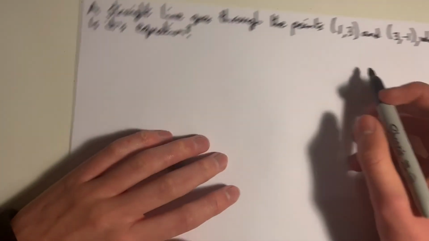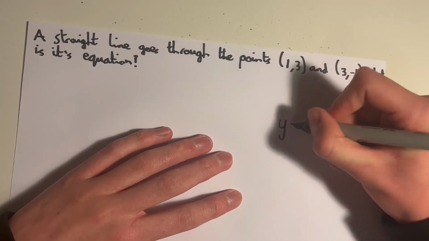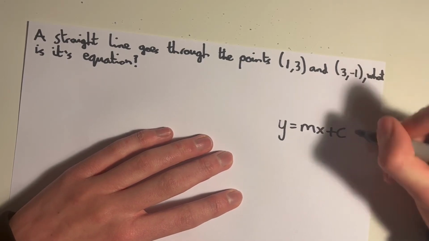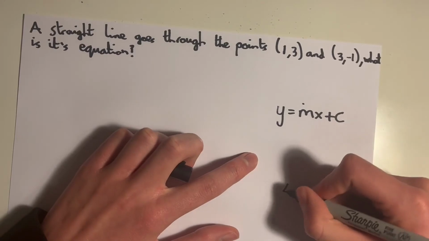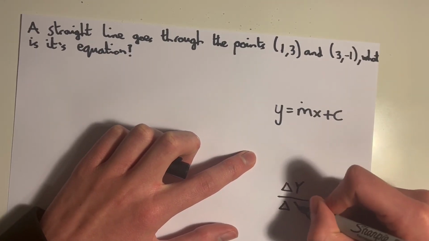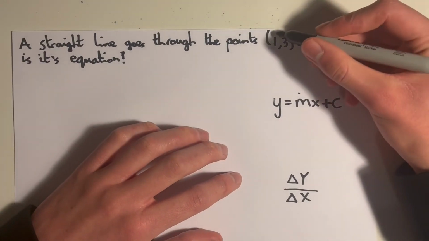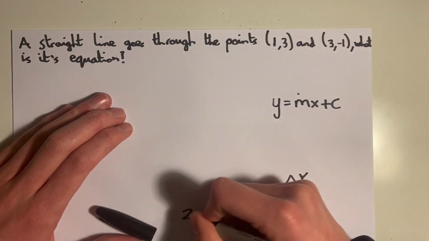Easy dub. So first of all, obviously it's a straight line, so it's y equals mx plus c. We're going to start off by finding the gradient, m, which is, as we know, I'll write it one more time, change in y over change in x. So the change in x here goes from 1 to 3, so the change in x would be 2.